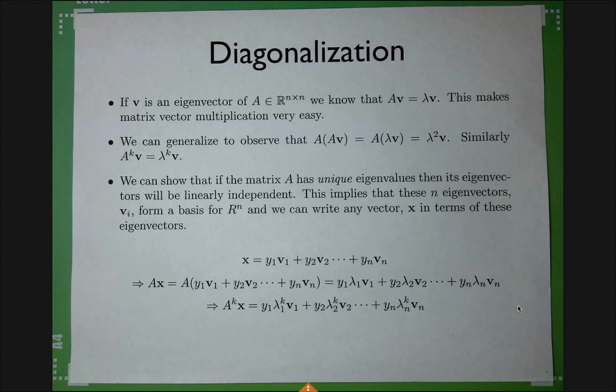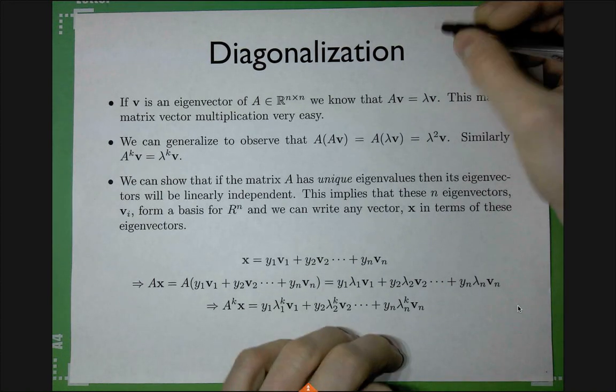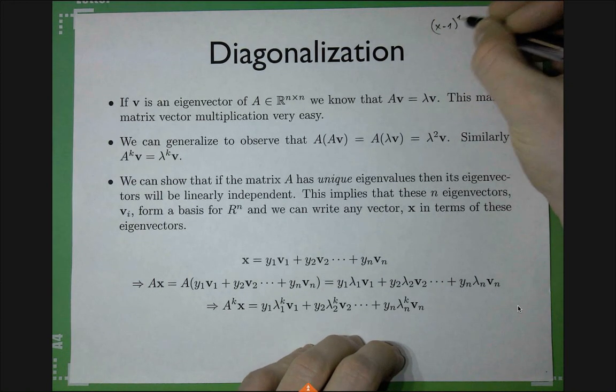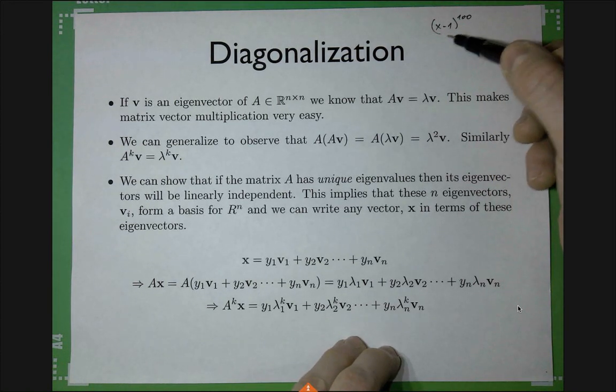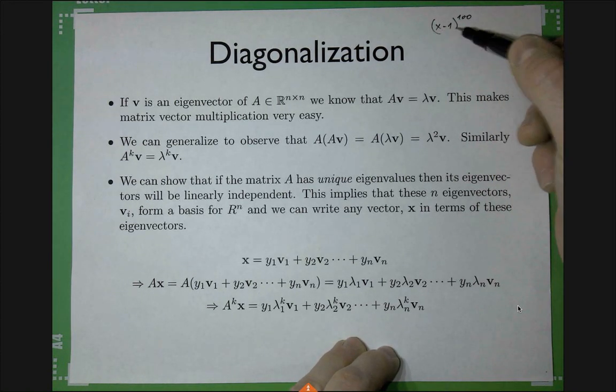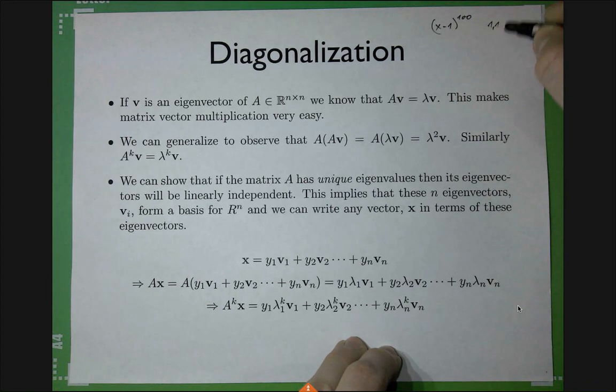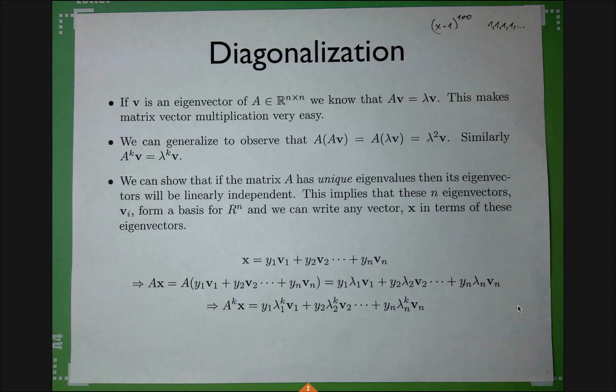Like if I take a polynomial like (x minus 1) to the 100, this polynomial has to have 100 roots because it's degree 100, but they are all 1. So the roots are just all 1s. So those are repeated. If this was a characteristic polynomial of some matrix, those would be repeated eigenvalues.